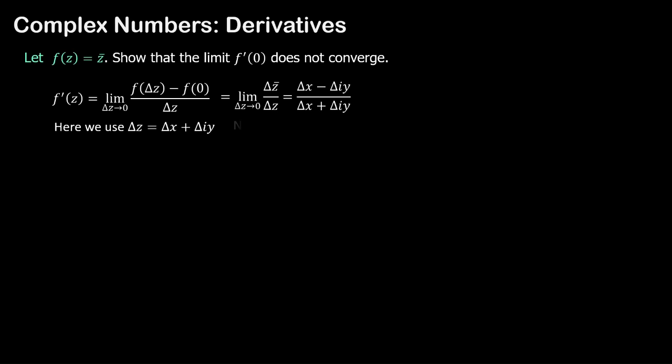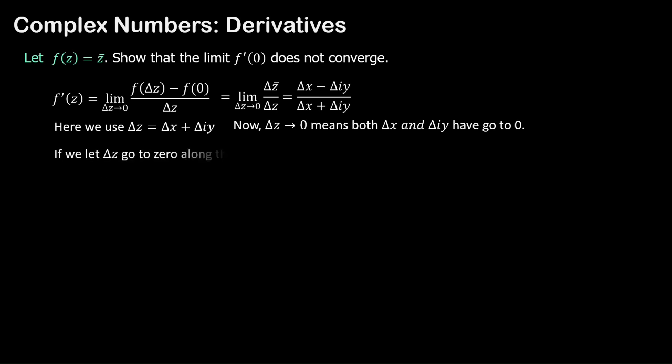Now, if our delta z is tending to 0, it means both delta x and delta y have to go to 0. If we let delta z go to 0 along the x-axis, then delta y goes to 0. Therefore, our f'(z bar) is equal to the limit as delta z tends to 0 of delta x over delta x, which equals 1.